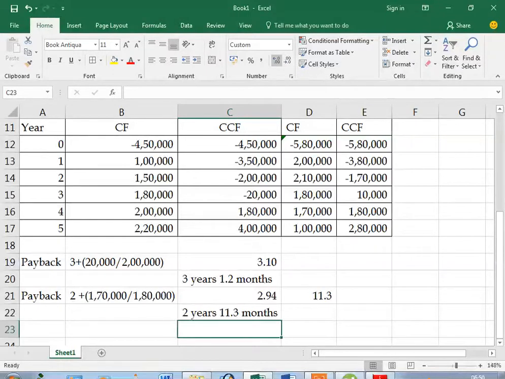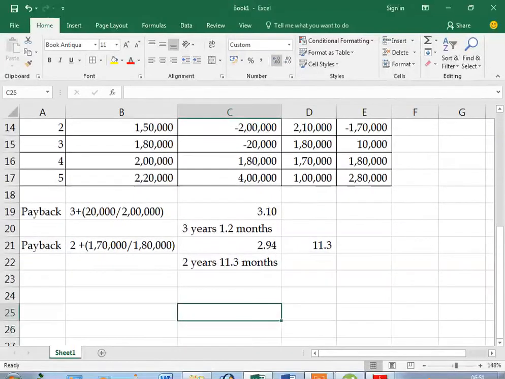Done with the first technique. Between these two, which is better? Higher payback or lower payback? Lower payback. So if I have to make a choice based on payback, I'll choose machine B. Clear? Any doubts in this?